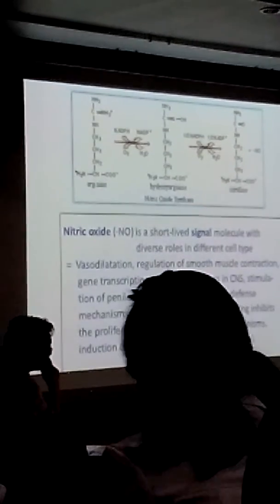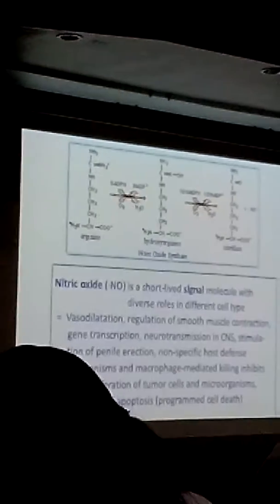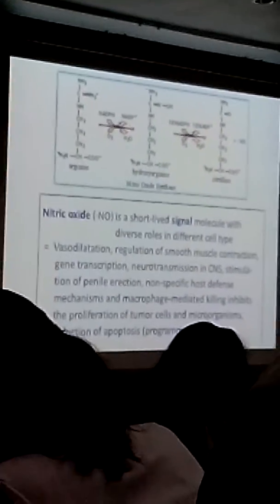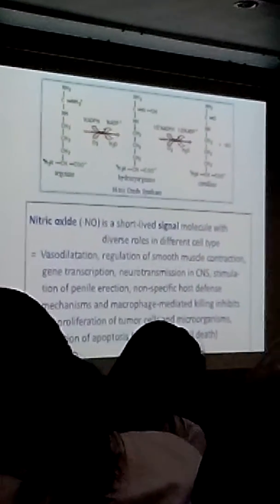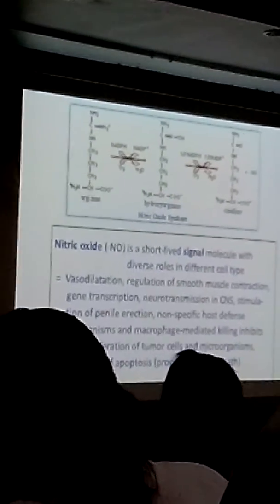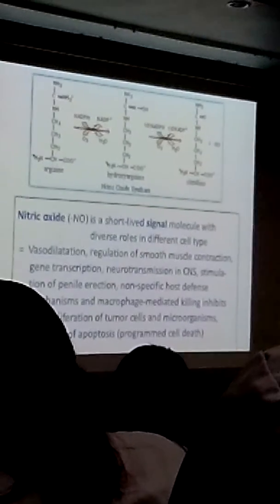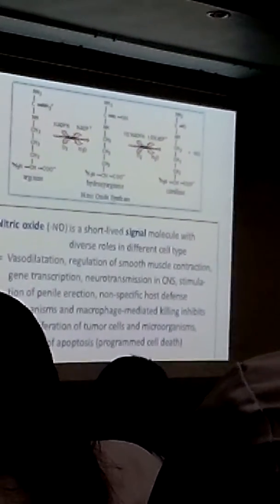Actually, your NO is also carried by your hemoglobin. Okay. This is an assignment that I will ask the group to write and submit, because I'm not going to interact with you anymore about hemoglobin. Hemoglobin is part of the respiratory system, and that will be taken up when we are talking about transport of oxygen.